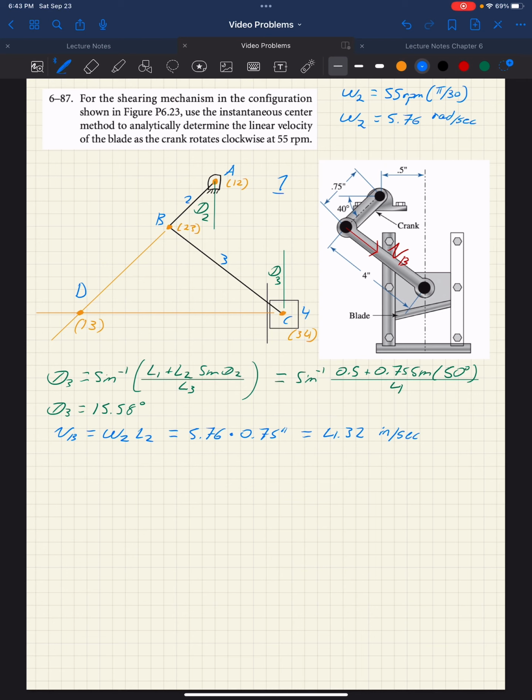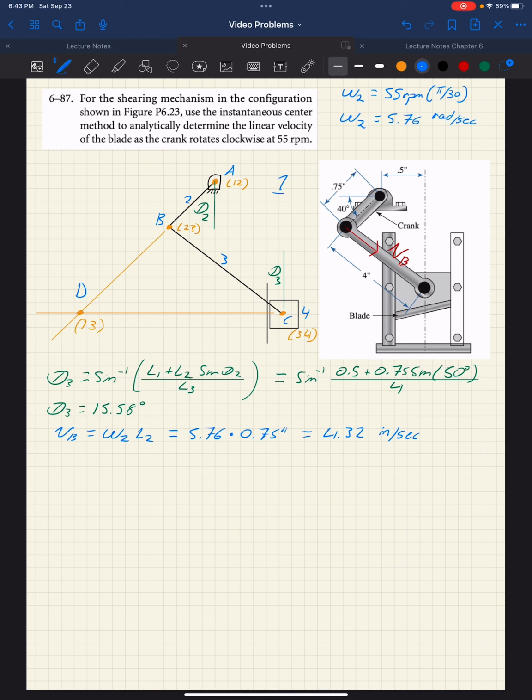Okay, so now we went through the effort of finding our instantaneous center 1-3. We might see how we might start to lay this out, but first we'll probably need to go ahead and figure out what the length AD is, and that should be simple enough.